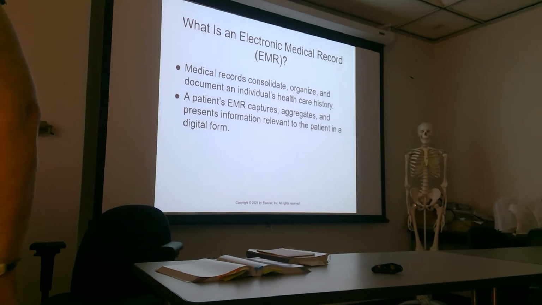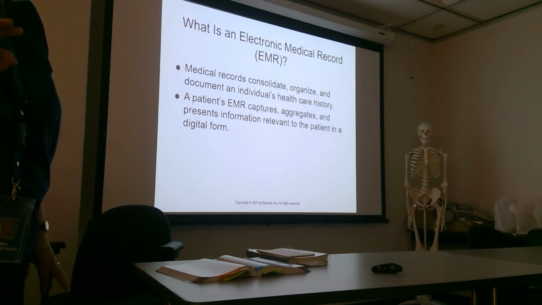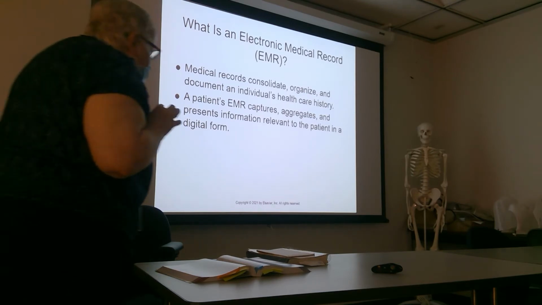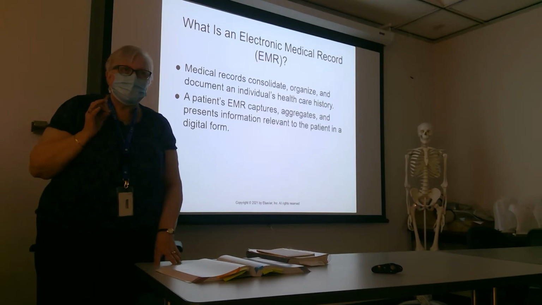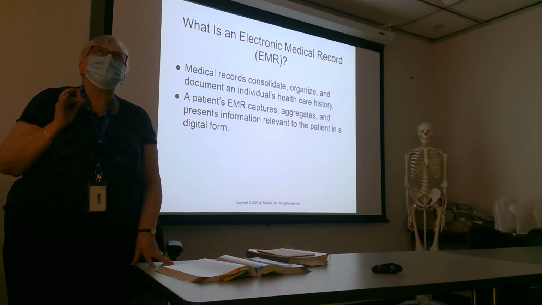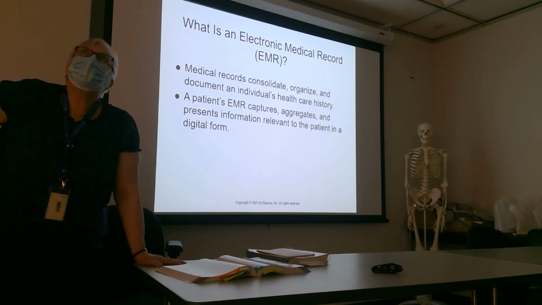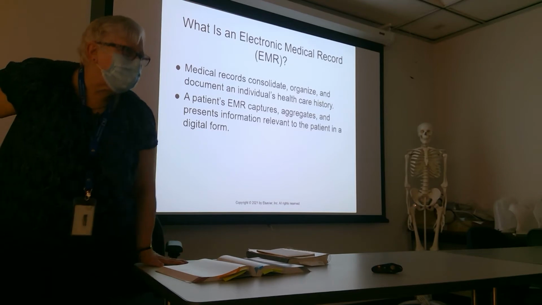The Varian one is called ARIA, A-R-I-A. And the Elekta one is called Mosaic, M-O-S-A-I-Q, I think. That's what it is.